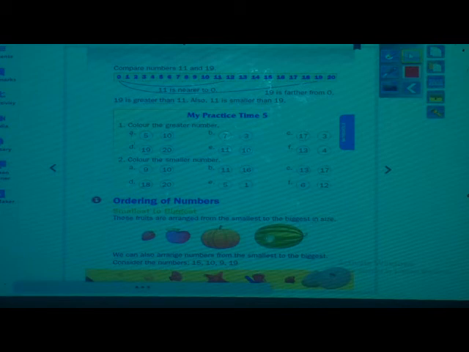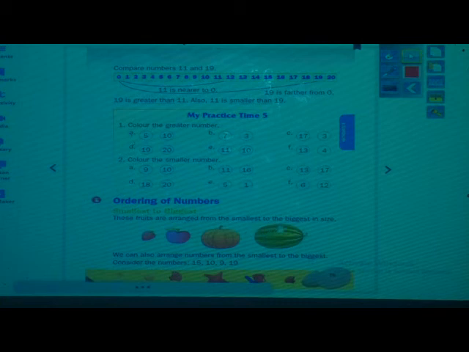So first you can see a strawberry, apple, pumpkin and watermelon. They have arranged from smallest fruit till the biggest fruit. Understood? This is called arranging from smallest to biggest.